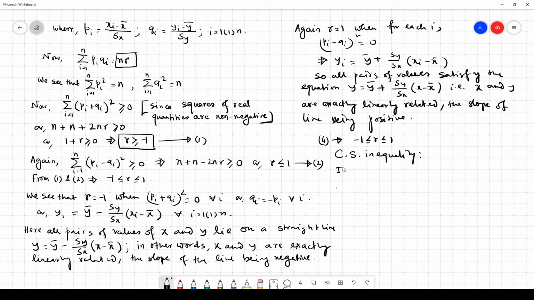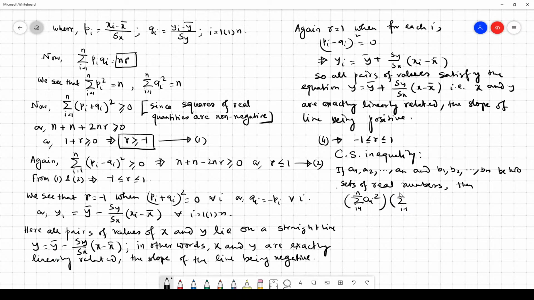If a1, a2, ..., an and b1, b2, ..., bn are two sets of real numbers, then the summation of i from 1 to n ai square times the summation of i from 1 to n bi square is greater than or equal to the sum of ai into bi, whole square. Okay, so this is the CS inequality.